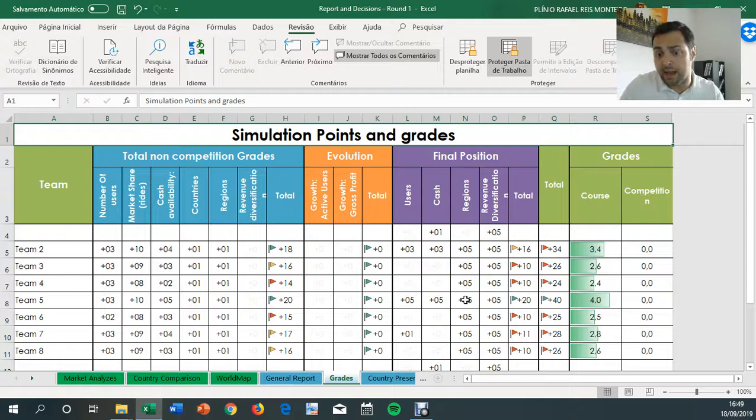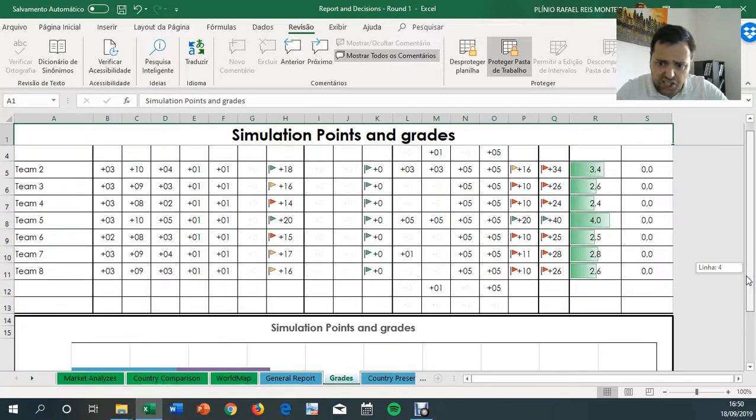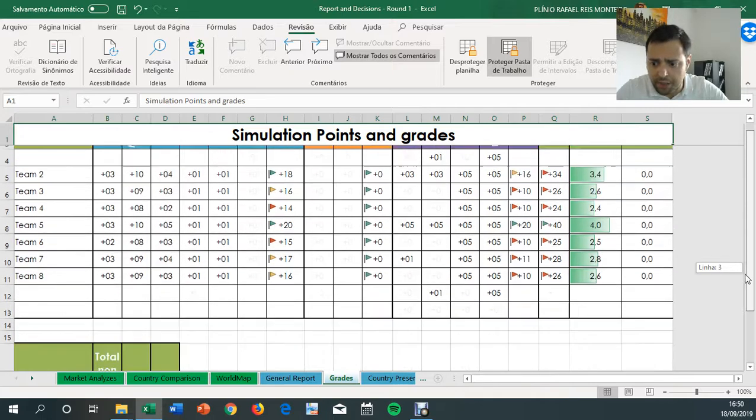This is basically a rank of number of users, cash, regions, and revenue diversification. So we have this position right now, but this position can change every round. So you also don't need to worry about that, because this can change anytime in the competition.